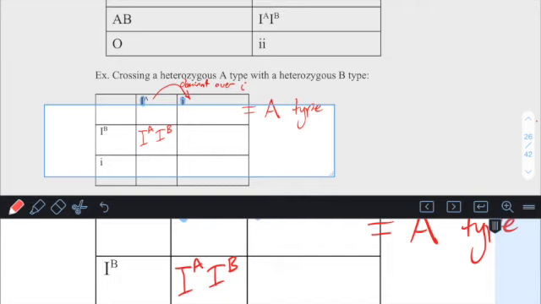So we're going to bring down the allele from the top and the allele from the left. Bring those into that square.